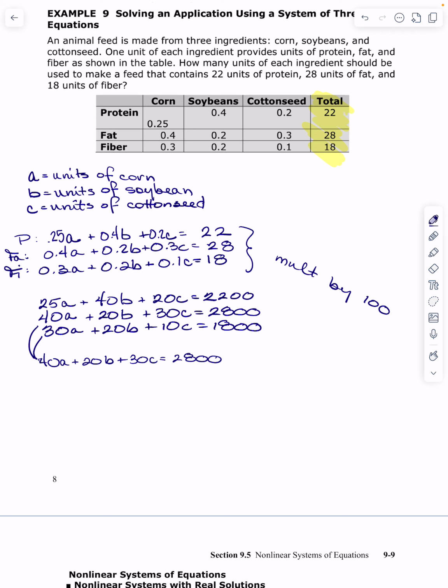I'm going to multiply the bottom equation by -1. So I get minus 30A minus 20B minus 10C minus 1800. This pulls things down into a level that is a little more reasonable.